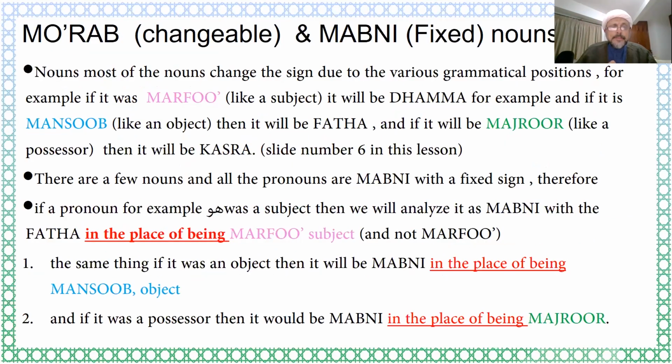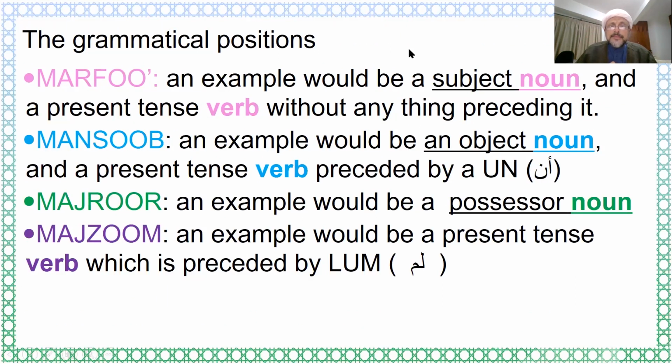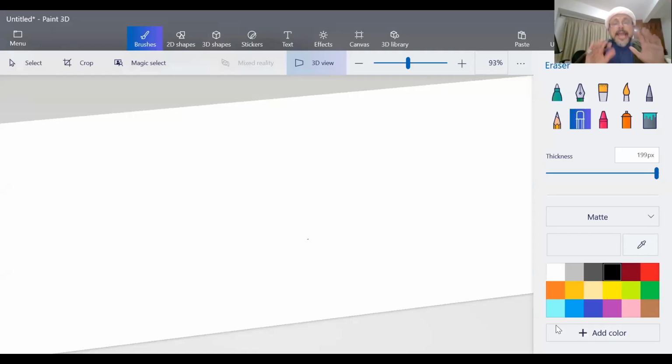So now, in Arabic language, it's about time we go to our whiteboard. Enough of slides. In these sessions, we said we are going to focus on the end letters. Let's try to see these end letters.